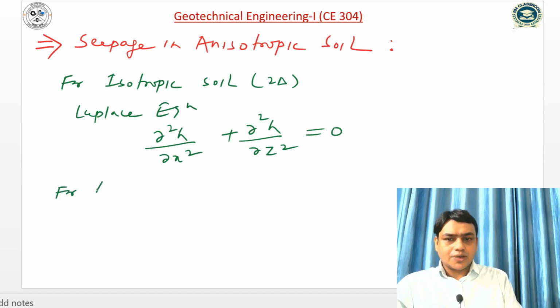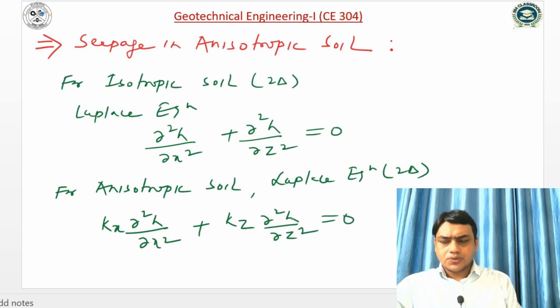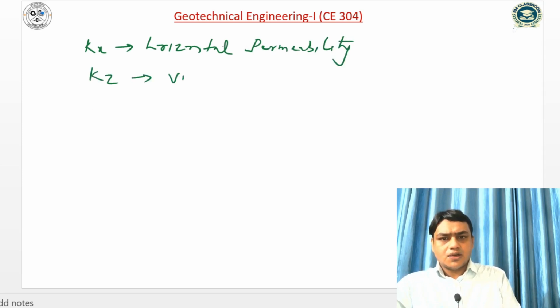So for anisotropic soil, if I write the Laplace equation in two dimensions, it will be kx into del 2h by del x square plus kz into del 2h by del z square is equal to 0, where kx is the horizontal permeability and kz is the vertical permeability in z direction.